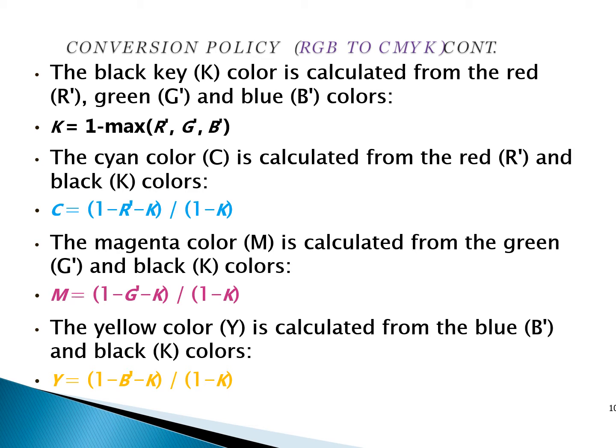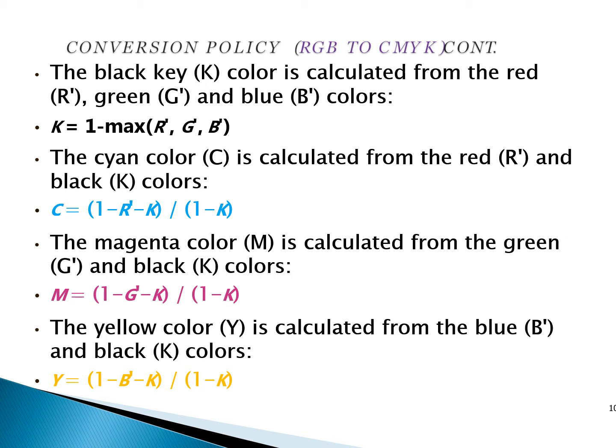It is calculated as 1 minus the maximum of R dash, G dash and B dash, which gives us K. K is the black component in my CMYK model. Once I know the black color, it can be used in different ways.